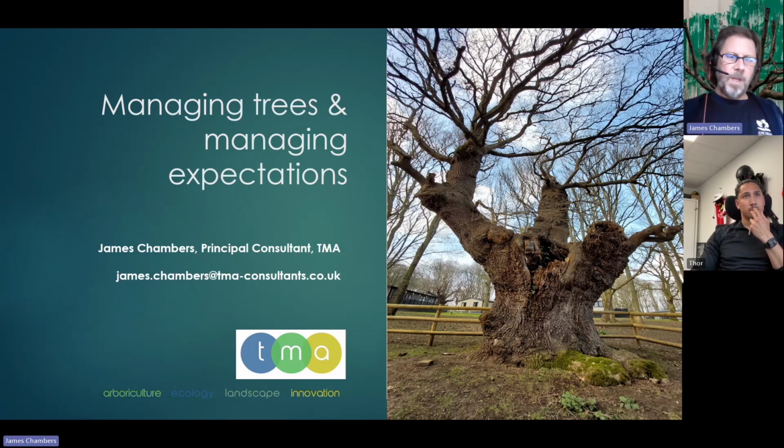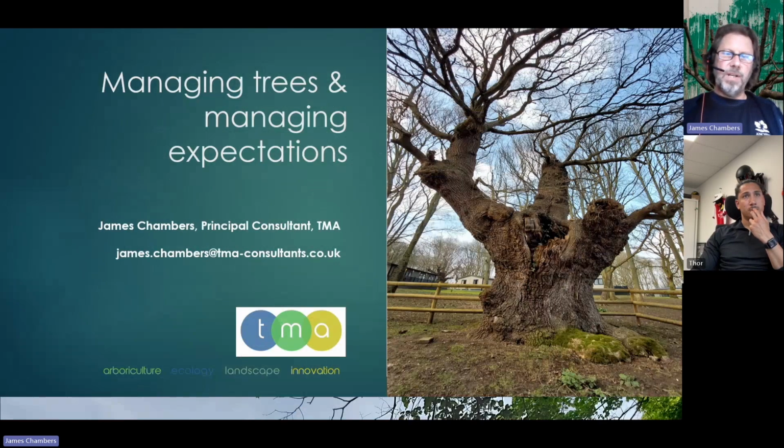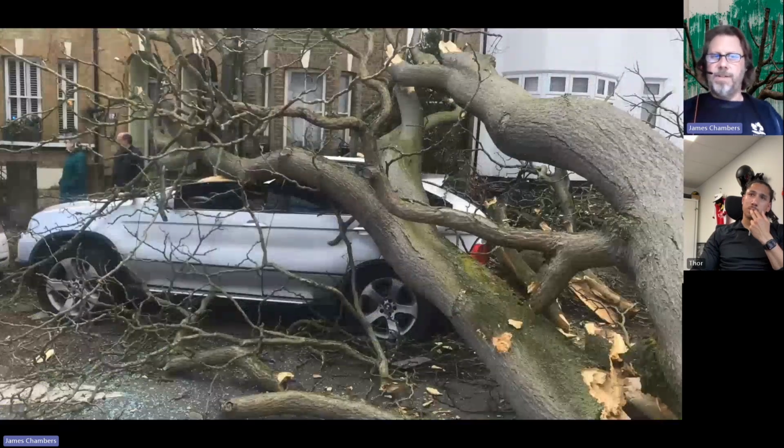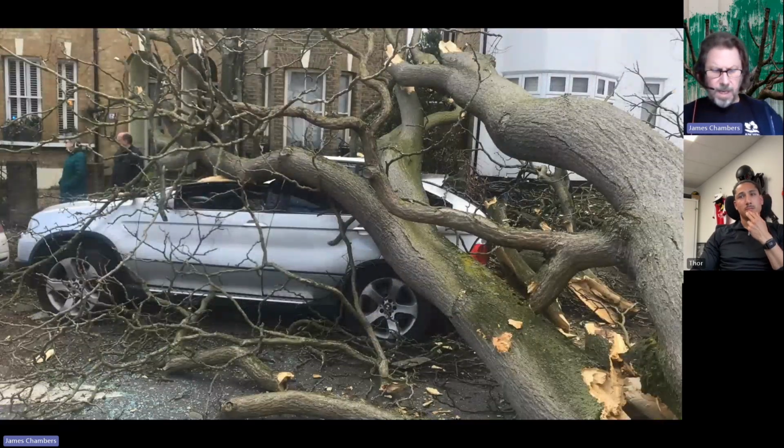Effectively, people generally want trees something like this. Those are the types of trees people like, and really not trees like this. These are the kind of trees that we'd prefer to avoid. So if you're looking to develop a tree strategy, a management procedure for how you're going to look after the trees that you manage, there are different ways to do that.